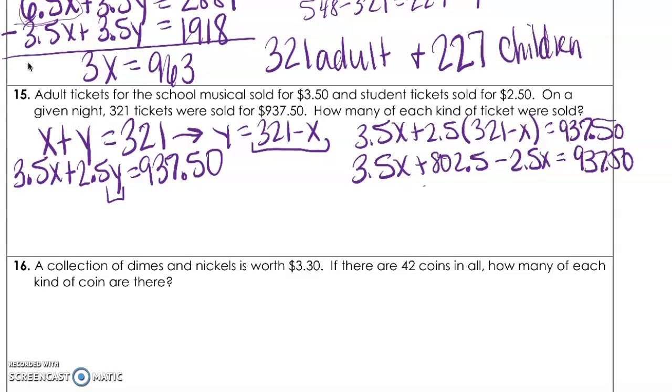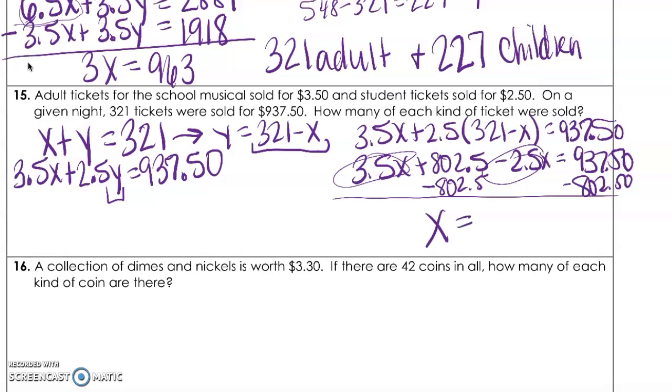So to save me some room, I'm going to do two steps. I'm going to subtract the 802.50, and I'm going to combine my like terms. So 3.5 minus 2.5, luckily just gives me 1x equals 937.50 minus 802.50 gives me 135.